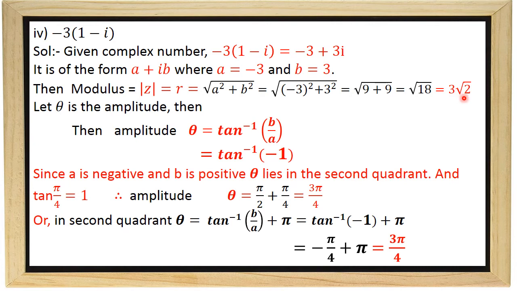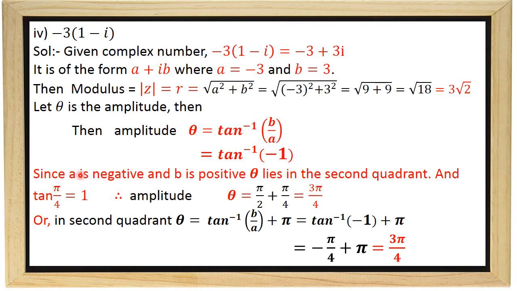Then let theta be the amplitude, then theta can be defined as tan inverse b upon a, where b is 3 upon minus 3, that is minus 1, tan inverse minus 1. Since a is negative and b is positive, theta lies in the second quadrant.